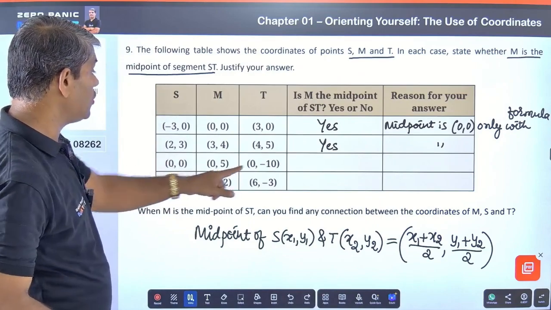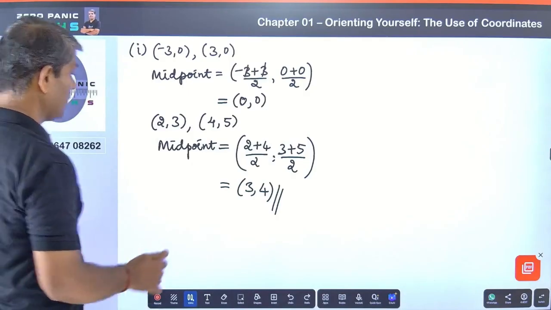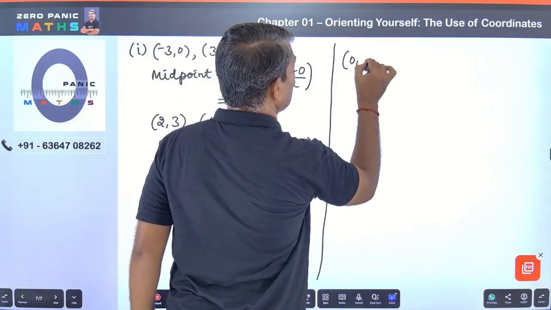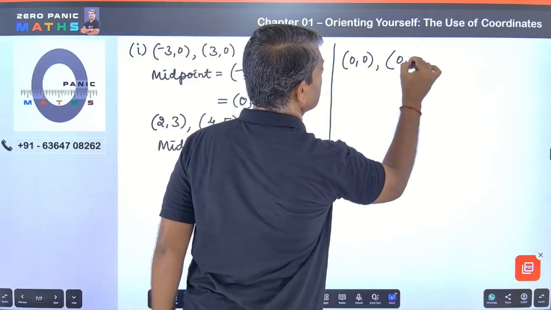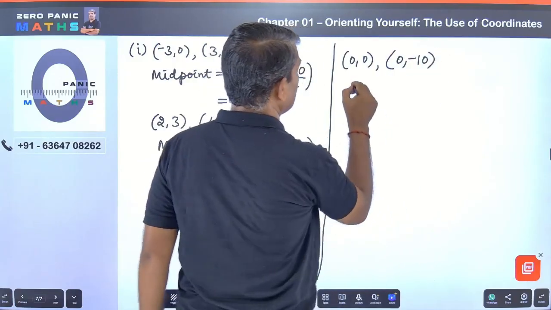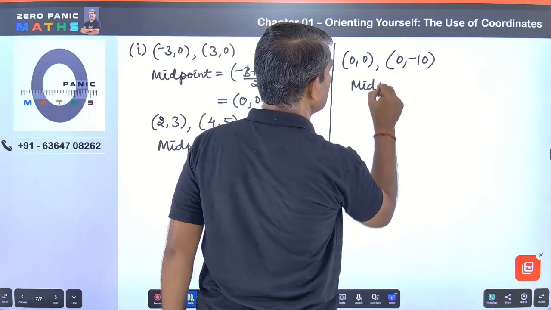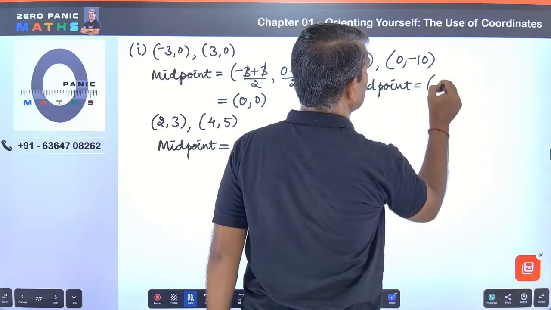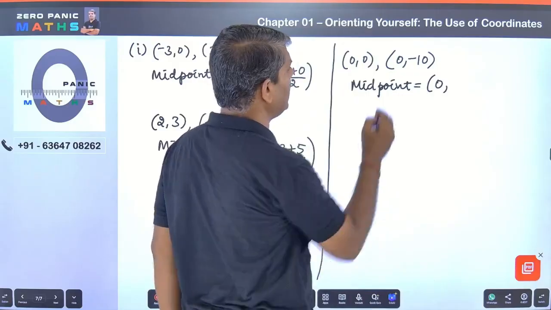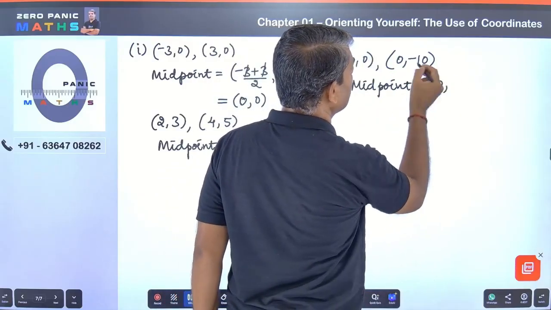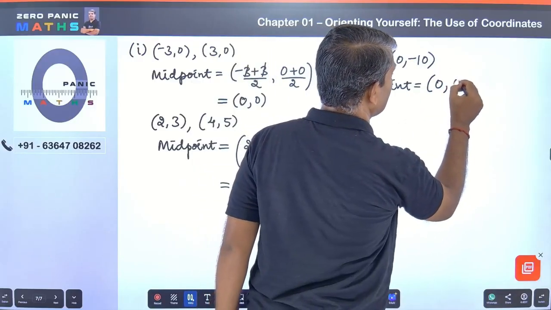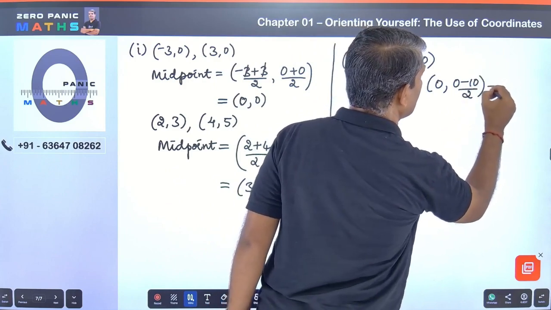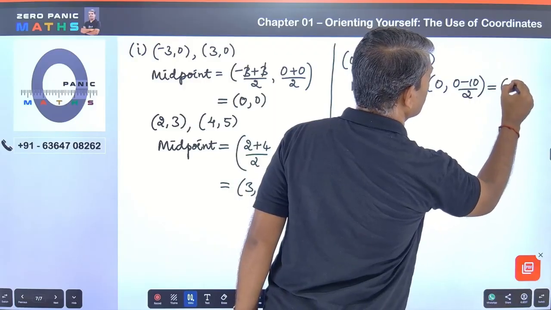Now similarly 0 0 and 0 minus 10. Simply apply that. Midpoint is equal to 0 plus 0 divided by 2. We are going to get 0 only as the first coordinate. Second is 0 minus 10 divided by 2, which is minus 10 by 2, equal to minus 5.